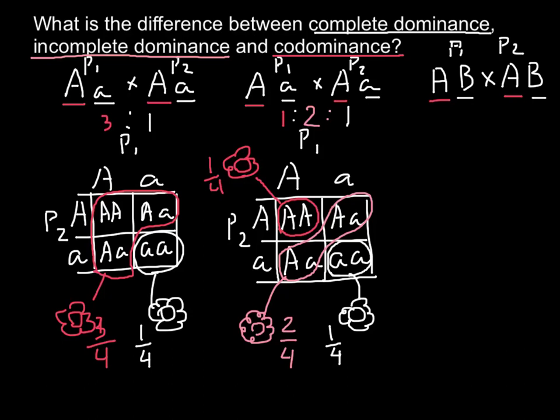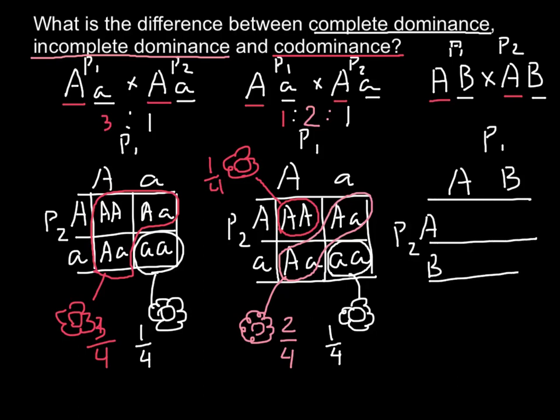And this is codominance, so both these alleles would be expressed simultaneously, and this is not going to be a pink color like in the previous example. So let me once again build a Punnett square. We have parent 1 on this side and parent 2 on this side. So here we have capital A, capital B, and capital A, capital B on this side.